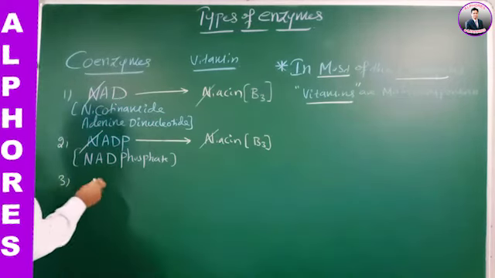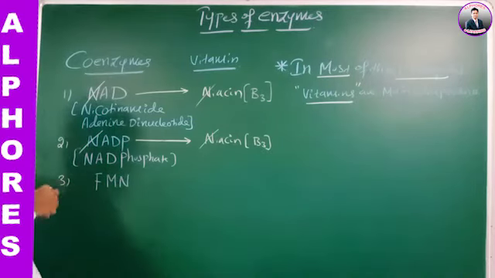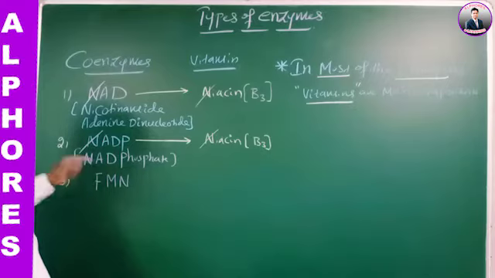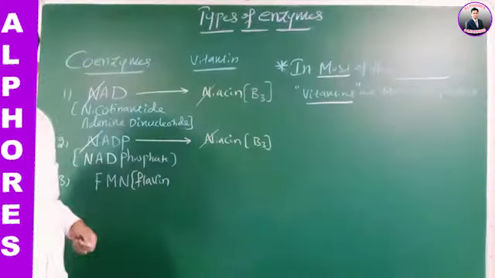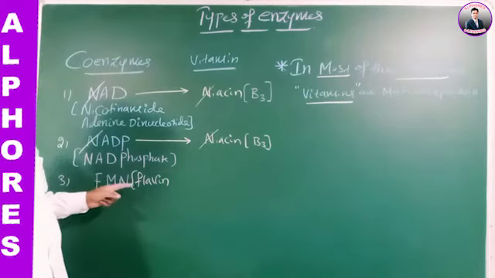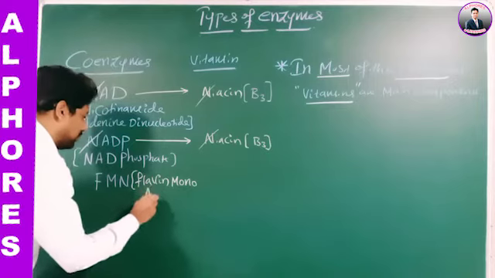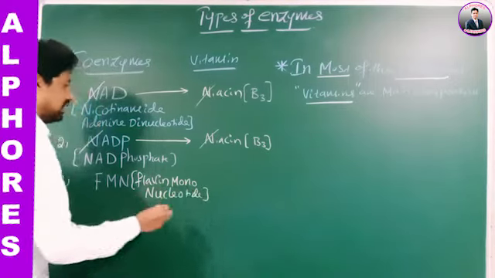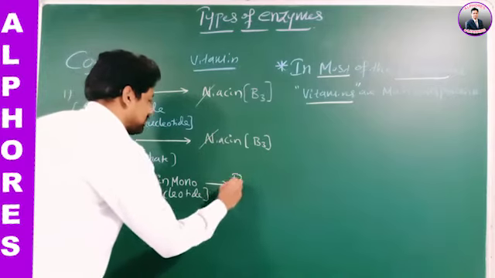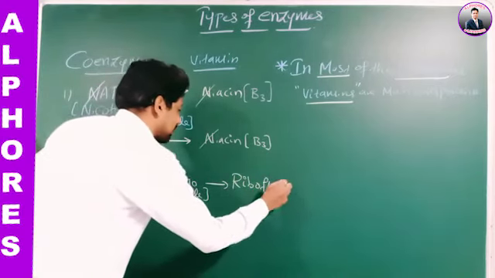Now number 3: FMN, that is flavin mononucleotide. Which vitamin is present here?